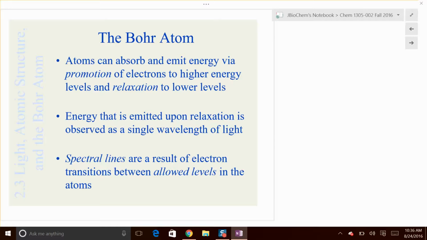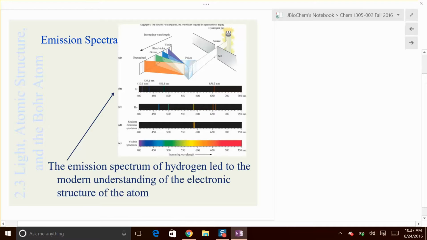Then he was able to identify for different elements the positions of the electrons around those elements.